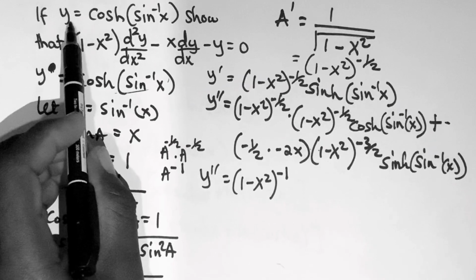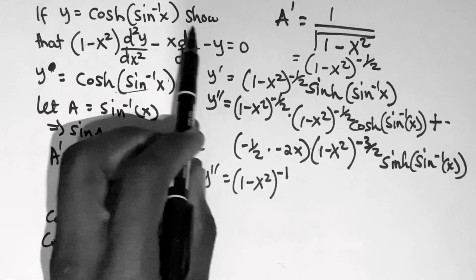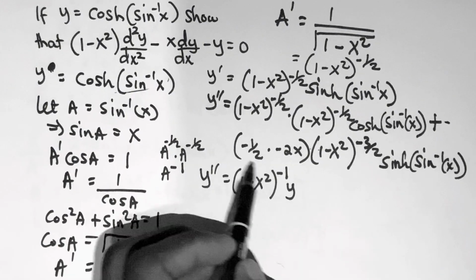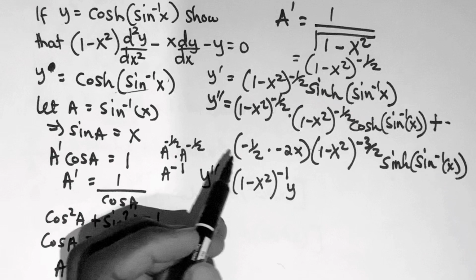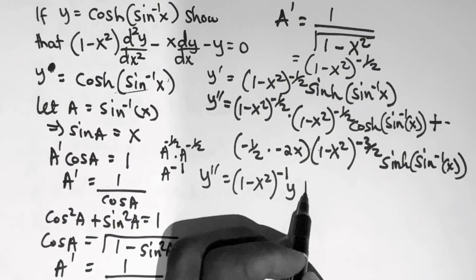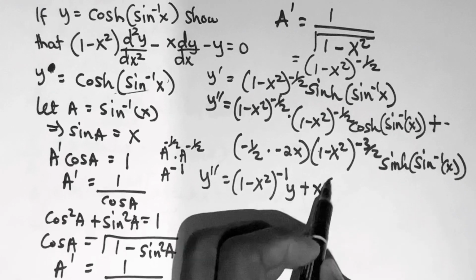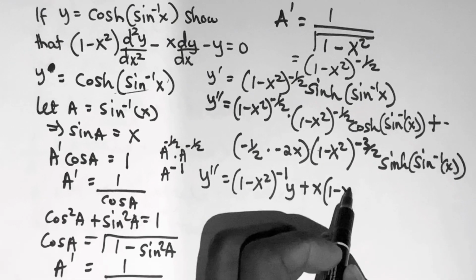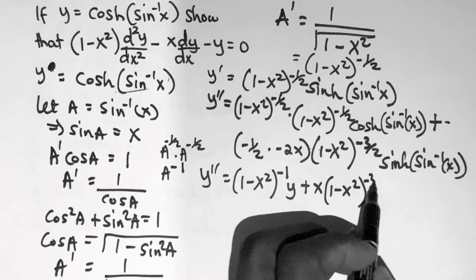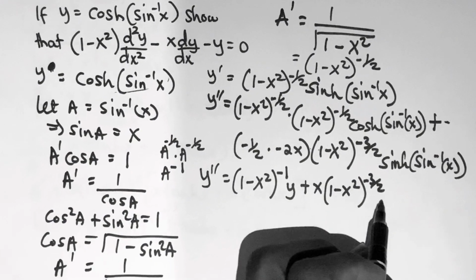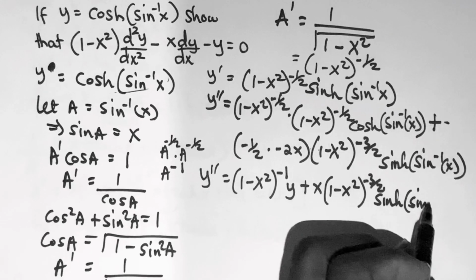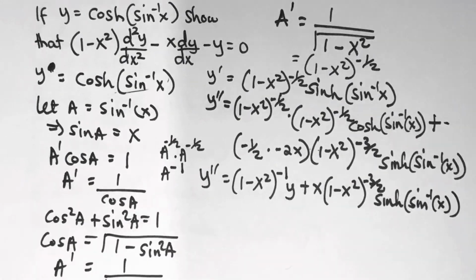This was the function we began with. Cosh of sine inverse of x is the same as y. So I want to write here y. Then if you multiply these two, it's going to give us plus. Now, minus half times minus 2x is going to give us plus x, then times (1 minus x squared) exponent minus 3 over 2, then hyperbolic sine of sine inverse of x bracket close.